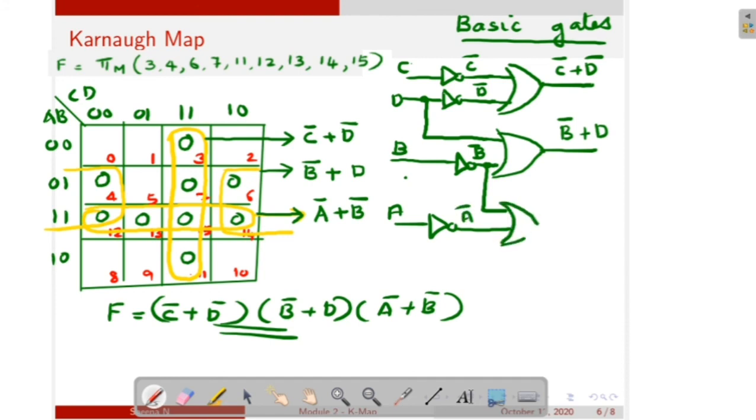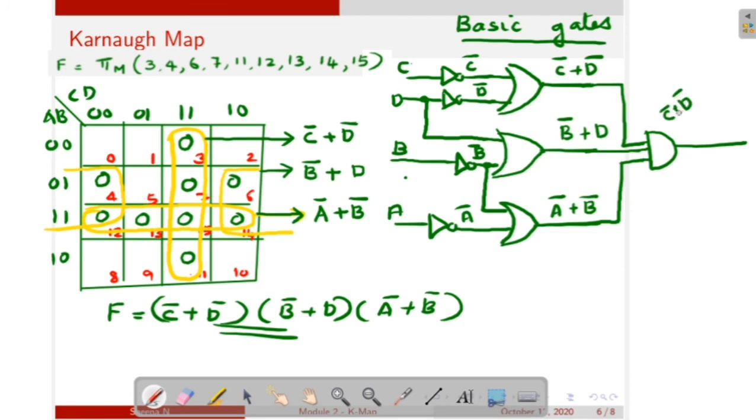Then these two inputs are given to an OR gate, that is A bar plus B bar. Then these three outputs are given as input of an AND gate. So we get the output as C bar plus D bar into B bar plus D into A bar plus B bar. This is the implementation of this expression using basic gates.